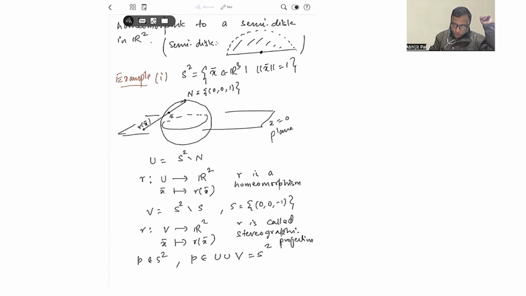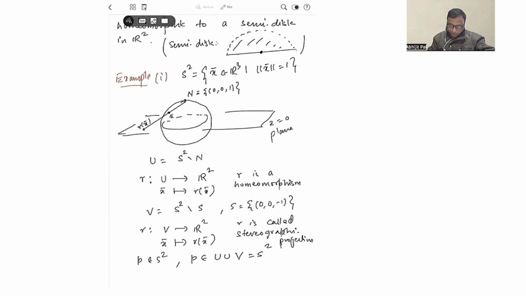It will meet the XY plane at some point, which I call R(x bar). So R is the map taking x bar to this point R(x bar). This is called the stereographic projection. And one can prove that this R is in fact a homeomorphism from U to R2.